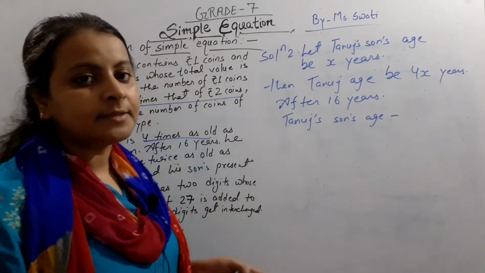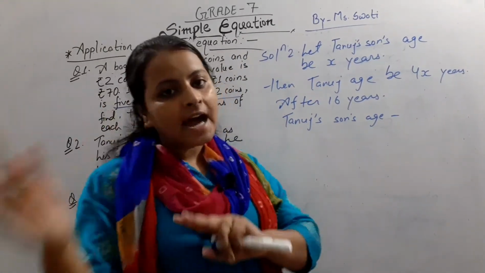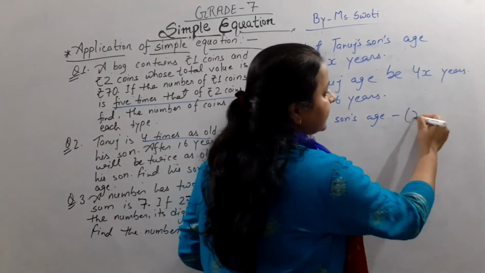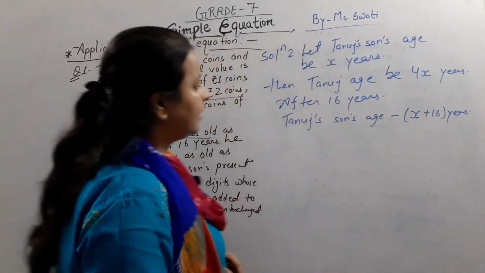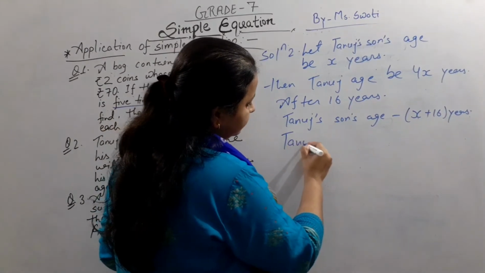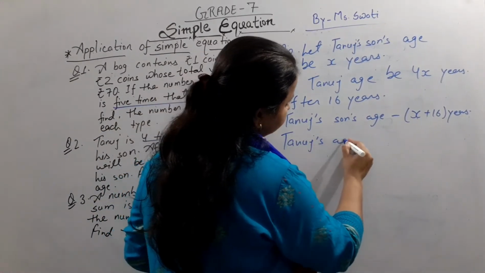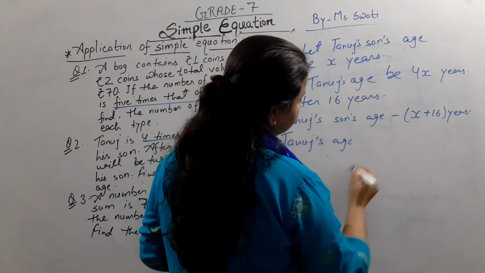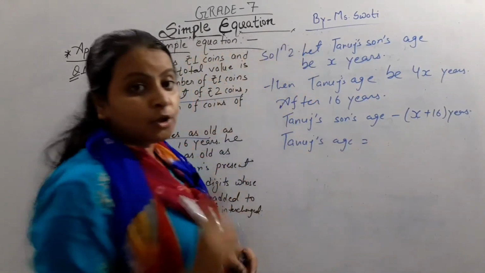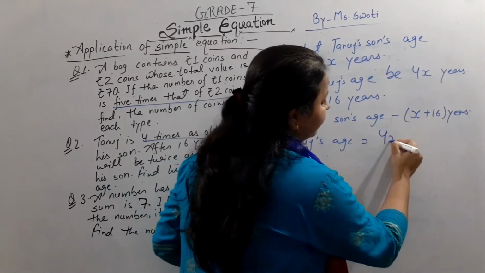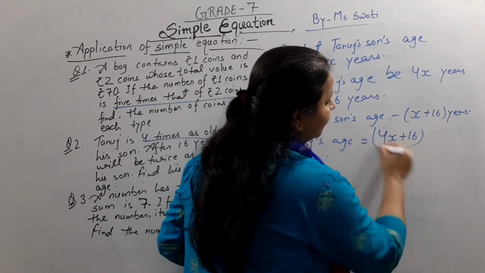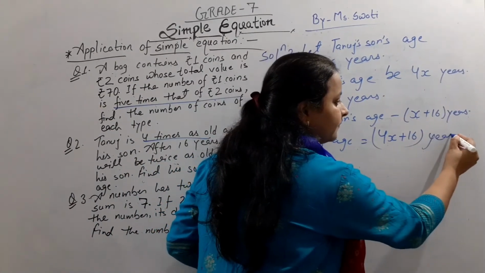If his present age is x, then after 16 years the age is x plus 16 years. Now, Tanuj's present age is 4x. So, after 16 years, the age becomes 4x plus 16 years.